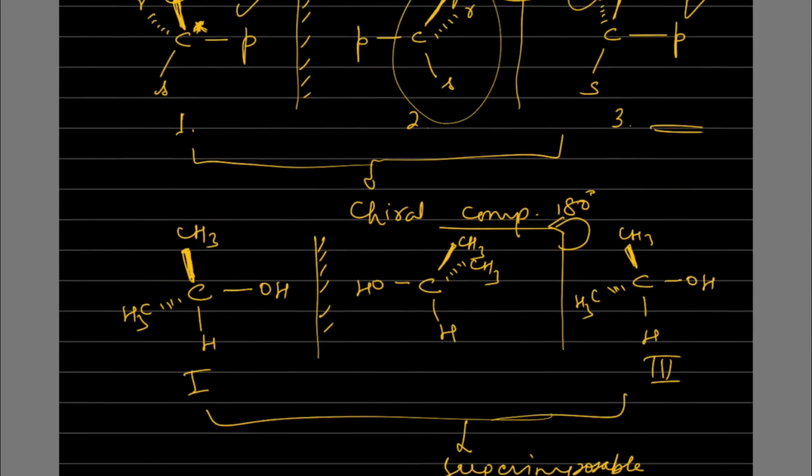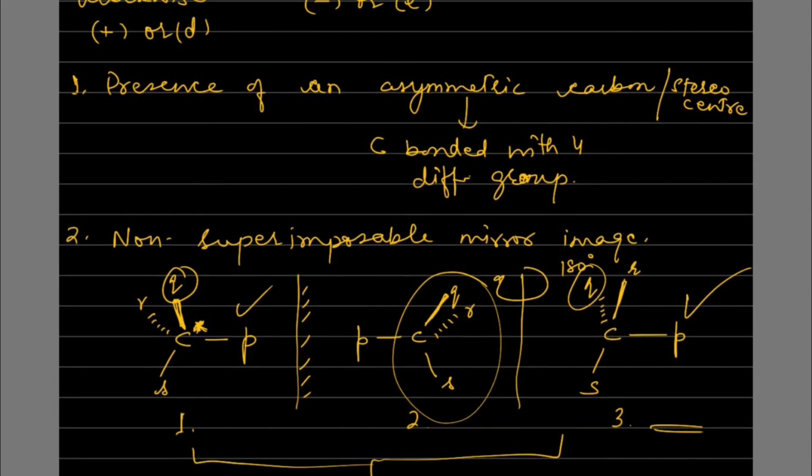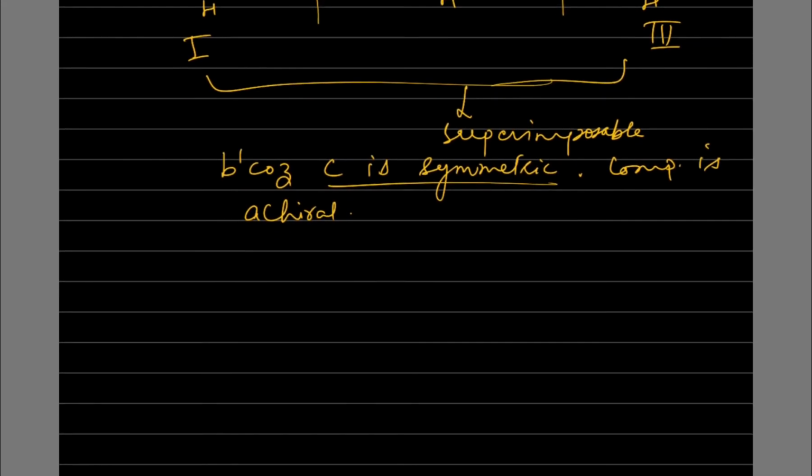Now sometimes it may happen that the compound has asymmetric carbons, but still it is optically inactive, and the example is meso tartaric acid. In meso tartaric acid, the compound has 2 chiral carbons, but still the compound is optically inactive. What is that example?